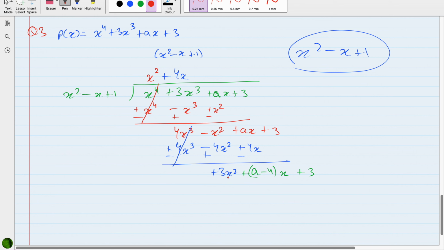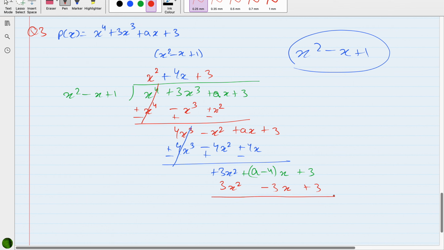Okay, last step I have to get 3x square. So I should multiply it with positive 3. Get 3x square. When you multiply with x, this is negative 3x, and with 1 this is plus 3.